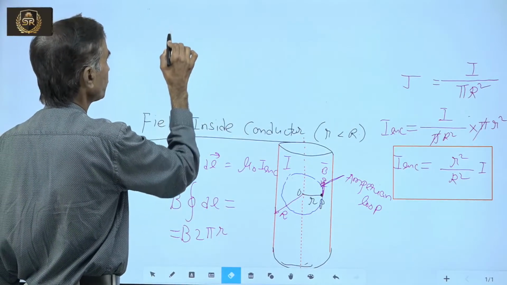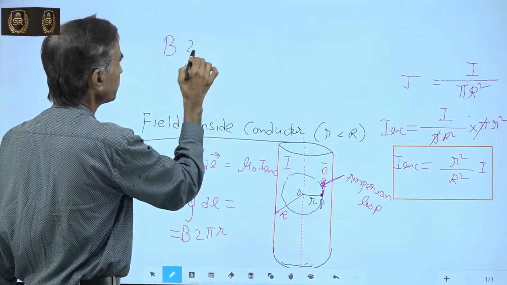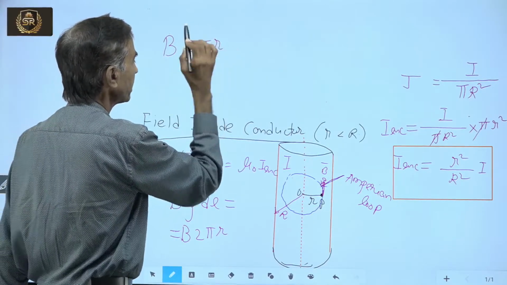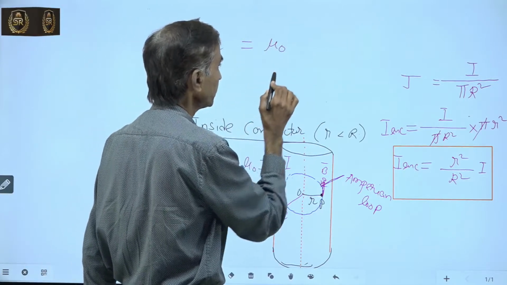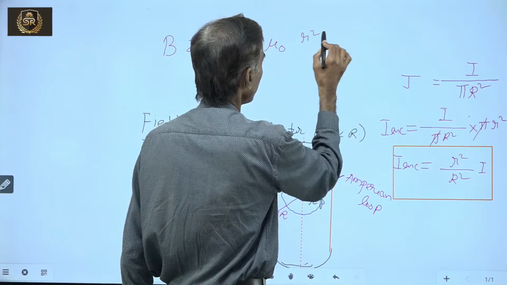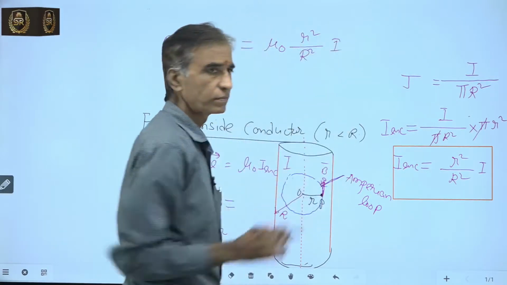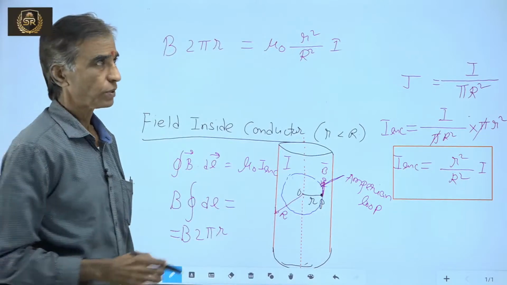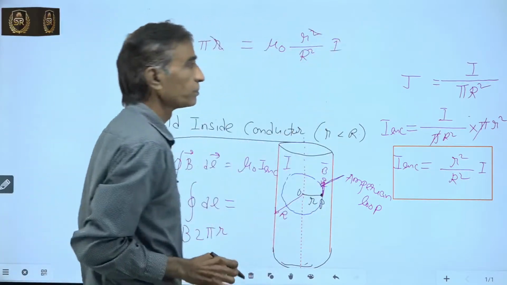B into 2 pi r is equal to mu naught into small r square by capital R square into I. So, R square gets cancelled.